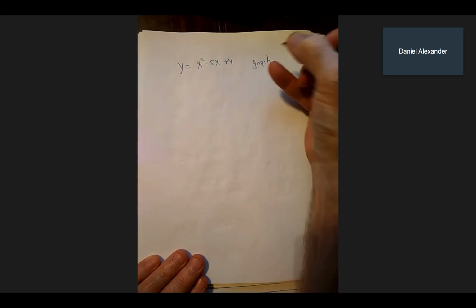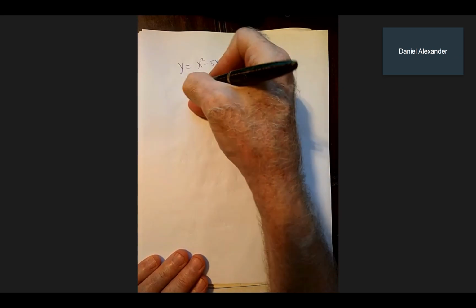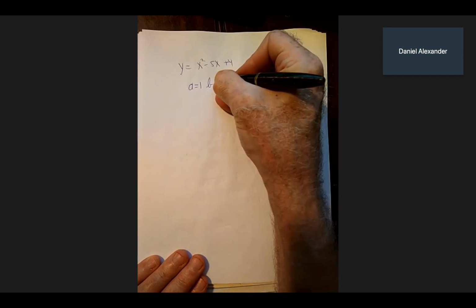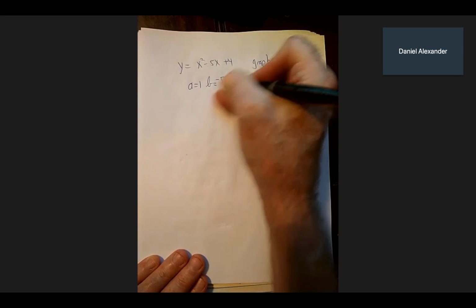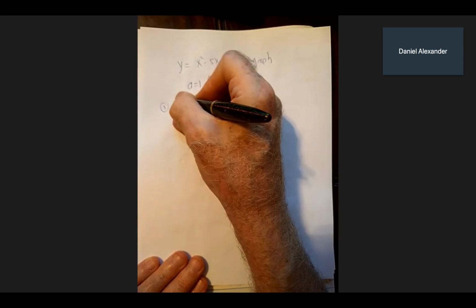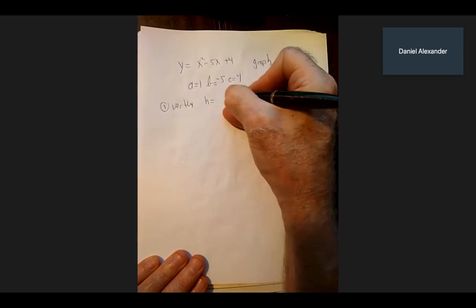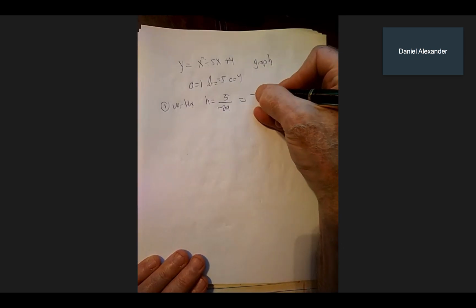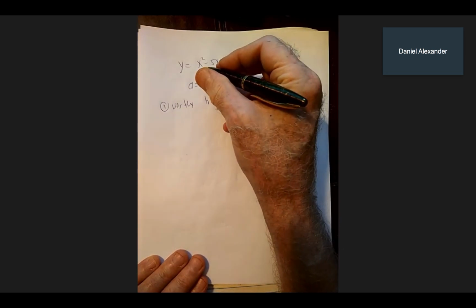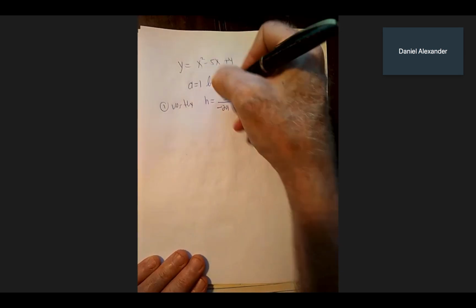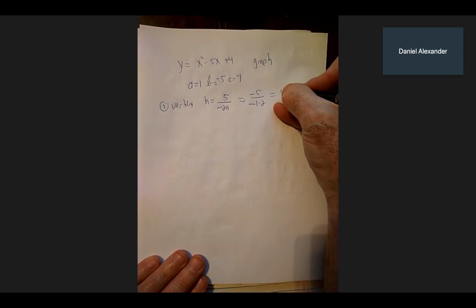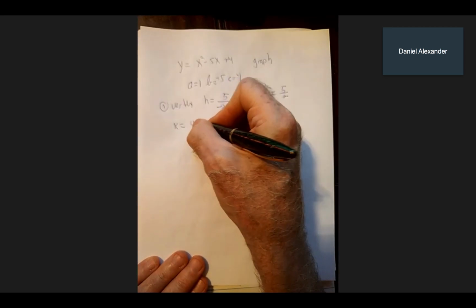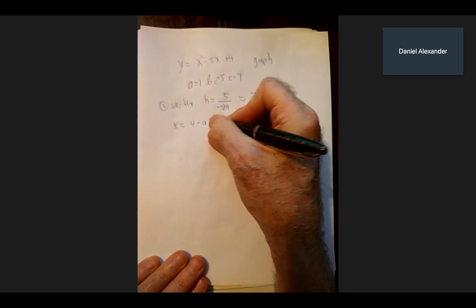So I want to graph this. The first thing to do is to notice what my a, b, and c are. a is 1, b is minus 5 since there's a negative sign there, and c is 4. So first we want to find the vertex, and h is b over minus 2a, so minus 5 over negative 2 times 1, so we're going to get 5 halves. k is going to be equal to 4 minus a times h squared.